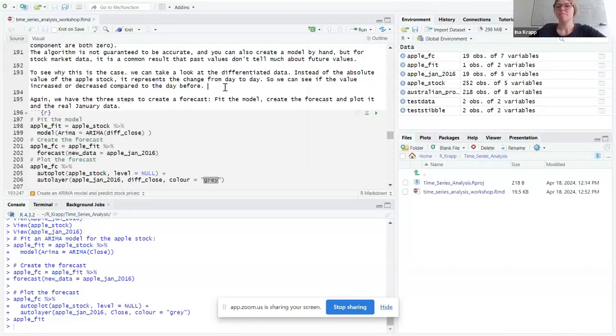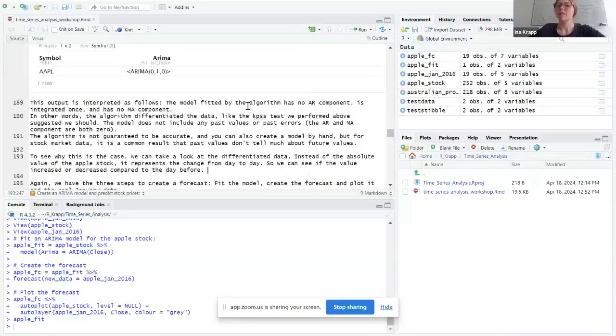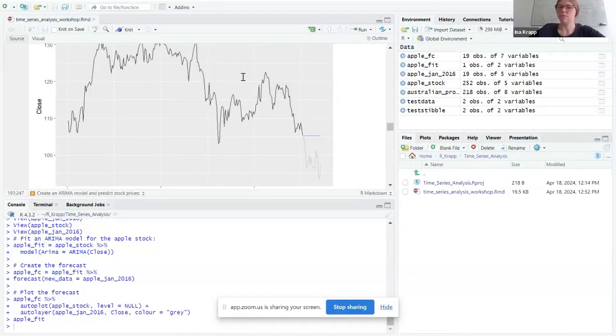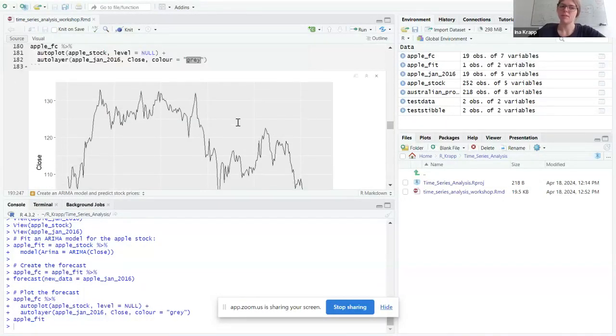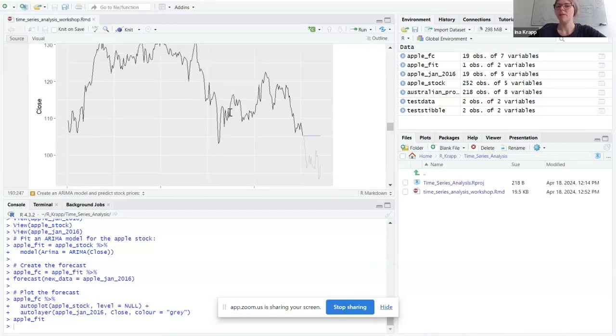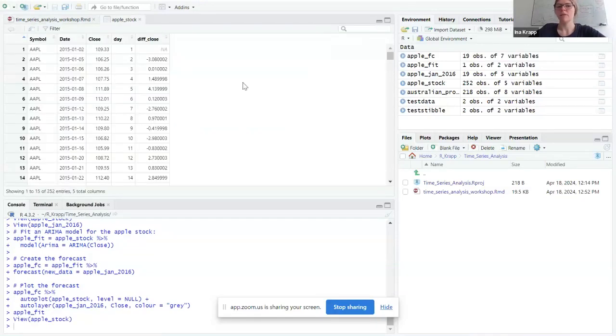And to do that, instead of trying to predict the absolute value of the Apple stock, we will now take a look at the differentiated data.